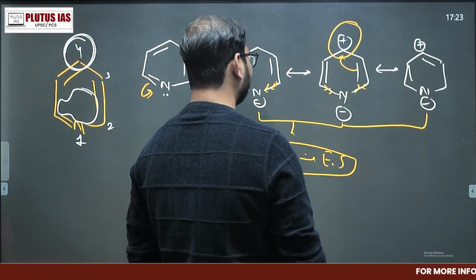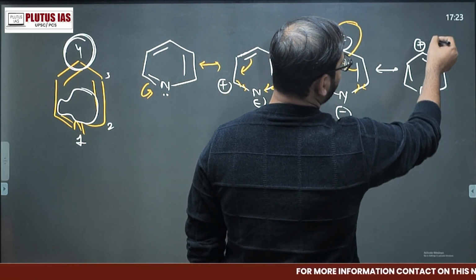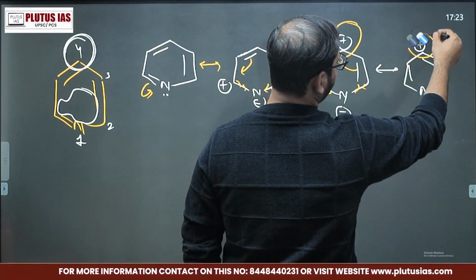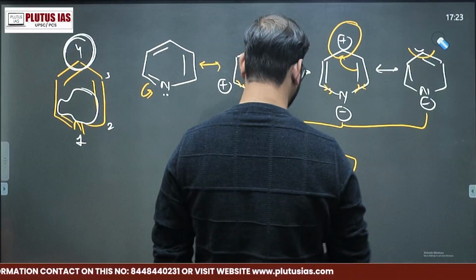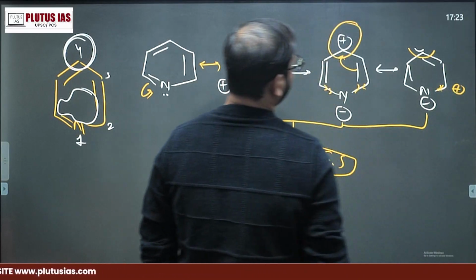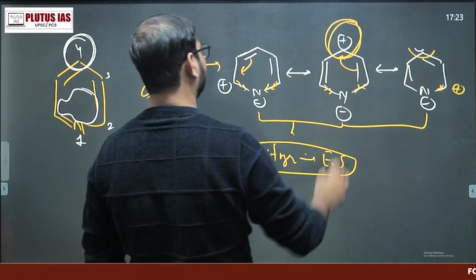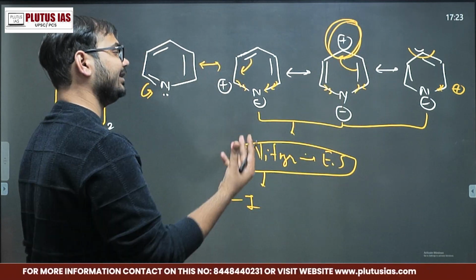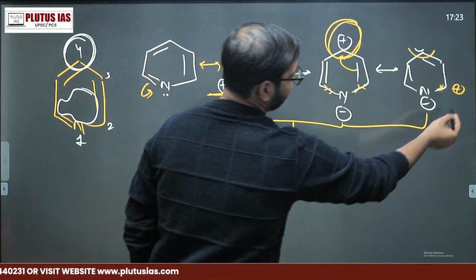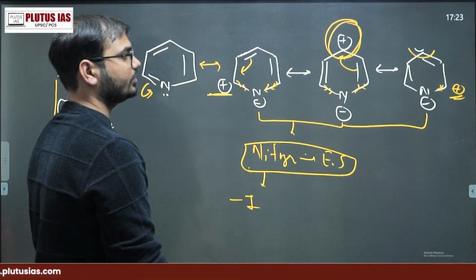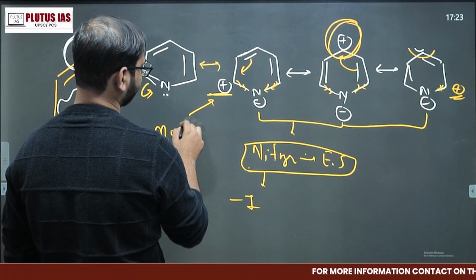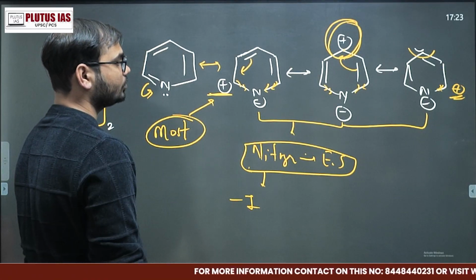For the minus I effect, you will find that this position is very far away, so the positive charge shouldn't be here, it should actually be here. The positive charge at position 4 is very far away, so the inductive effect is very small there, and the positive charges lying adjacent to the nitrogen, because of the minus I effect, are the most reactive.